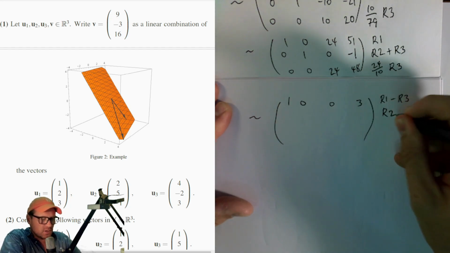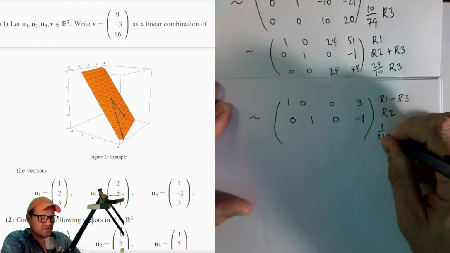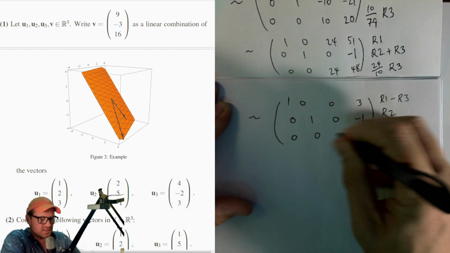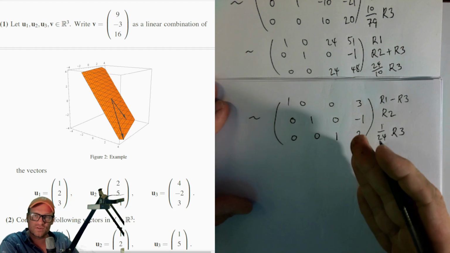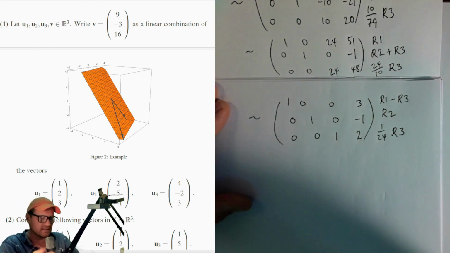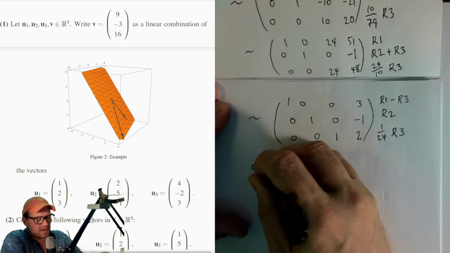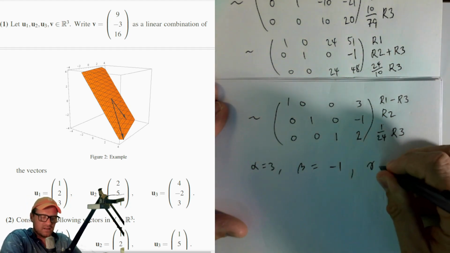We'll leave row 2 alone and multiply row 3 by 1/24th. So we have 0, 0, 1, and 2. And now this is done. This is the row reduced echelon form of the original augmented matrix that we found. So this gives us alpha is 3, beta is minus 1, and gamma is 2.